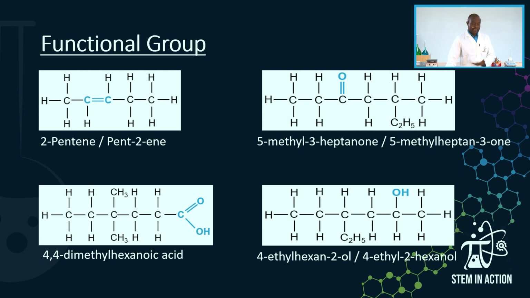So because of that, just by comparing the functional groups that we have, we can say that the carboxylic acid is going to have the highest boiling point, followed by the alcohol, and then comes the ketone, right? But lastly, the one with the lowest boiling point is going to be our pentene.